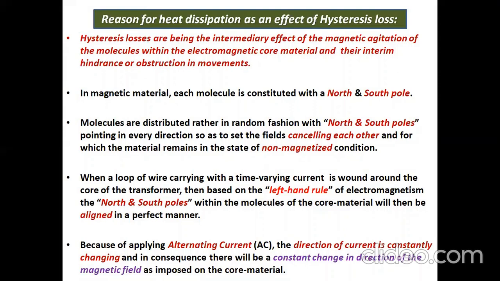When a loop of wire carrying a time varying current is wound around the core of the transformer, then based on the left-hand rule of electromagnetism, the north and south poles within the molecules of the core material will be aligned in a perfect manner. Because of applying alternating current, the direction of current is constantly changing, and in consequence, there will be a constant change in direction of the magnetic field imposed on the core material.